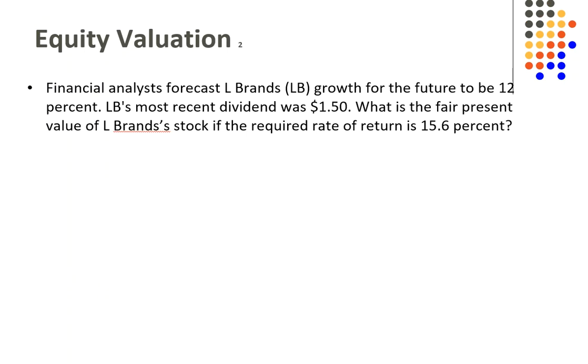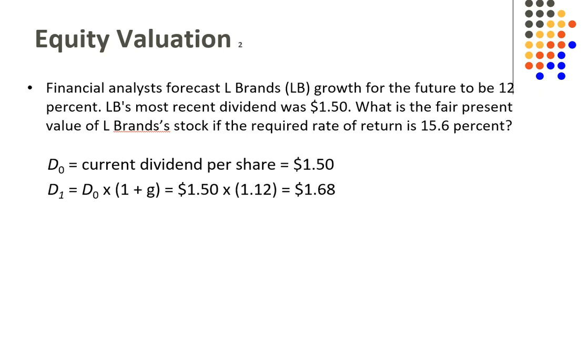Financial analysts have forecast L Brands' growth for the future to be 12%. L Brands' most recent dividend was $1.50. What's the fair present value of L Brands stock if investors require a 15.6% rate of return? First, to find the price at time 0, we need the dividend at time 1.